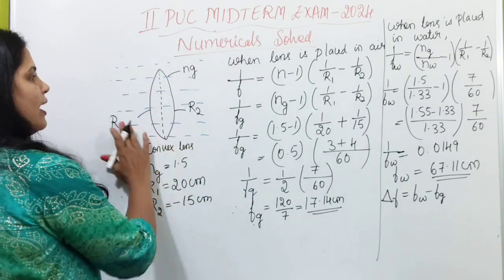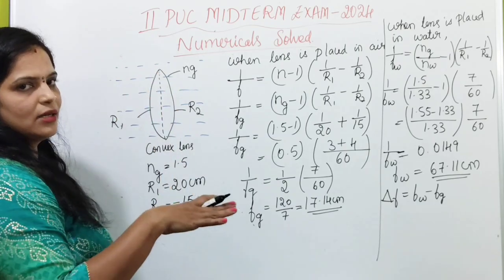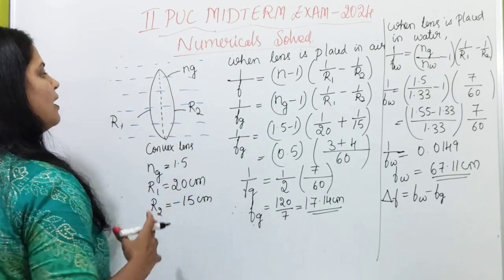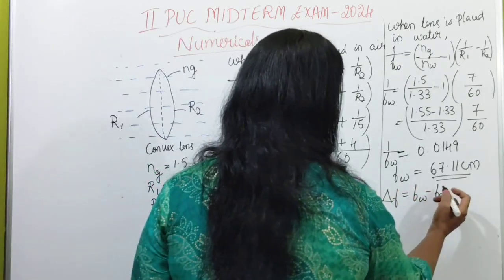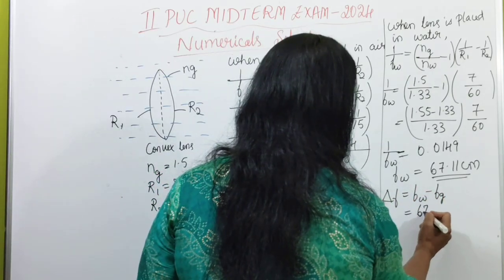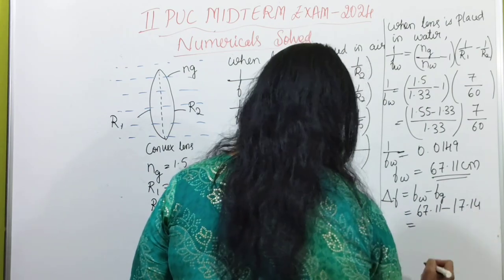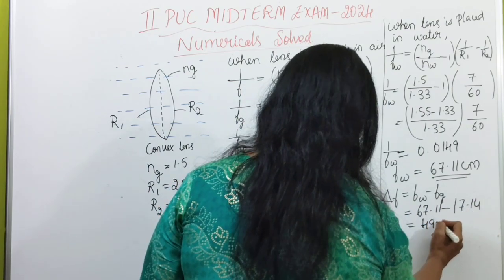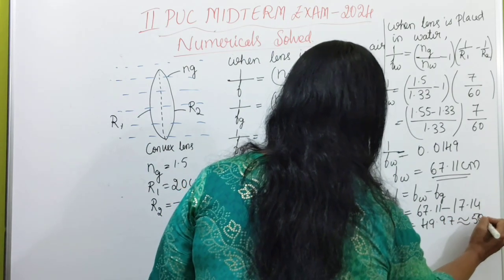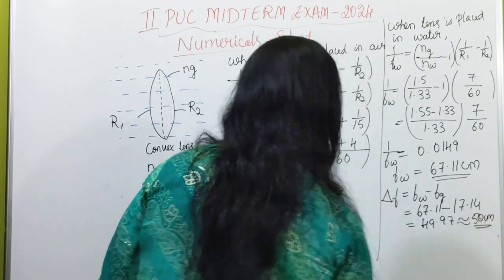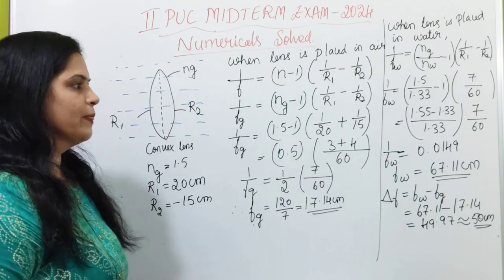When you replace the air medium by water medium, or when the convex lens is completely immersed in water medium, its focal length increases by 4 times. So FW minus FG, which is 67.11 minus 17.14, is nearly equal to 49.97, or nearly 50 centimeter. 50 centimeter.